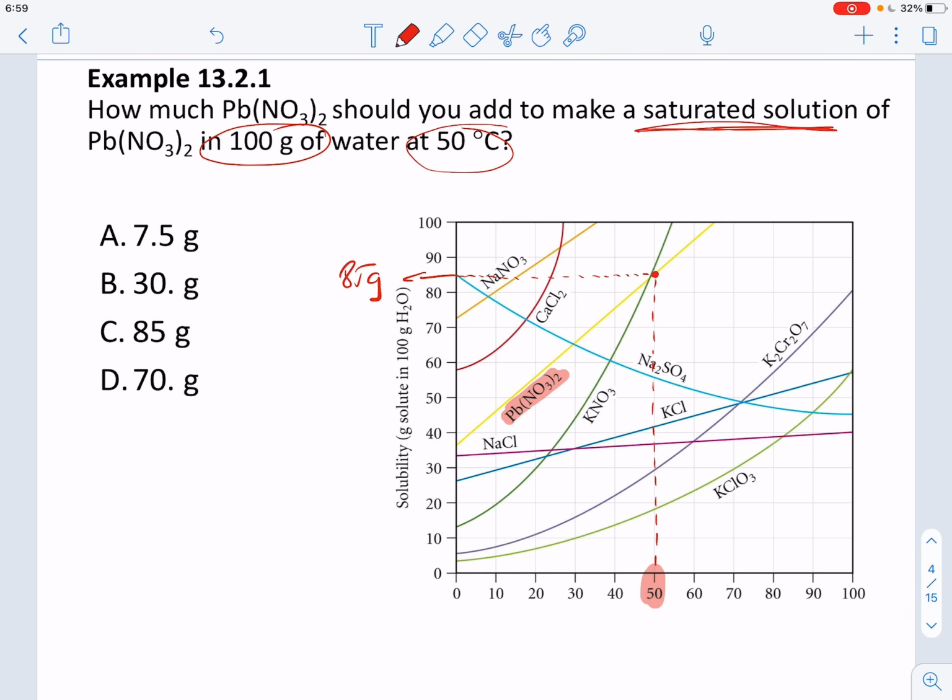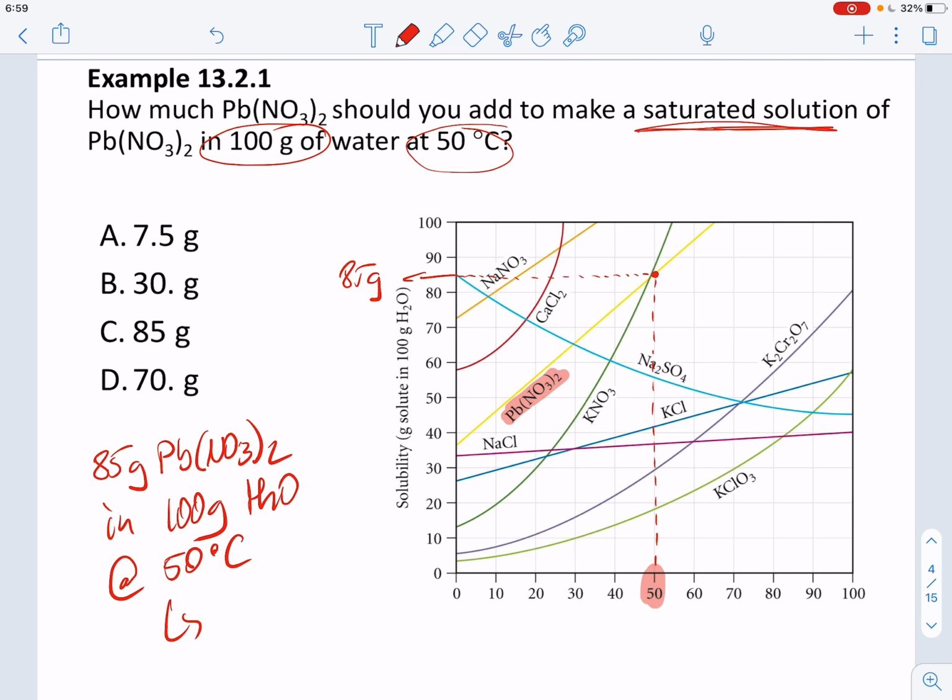Okay, so you can add 85 grams of lead nitrate in 100 grams of water at 50 degrees, and that will give you a saturated solution.